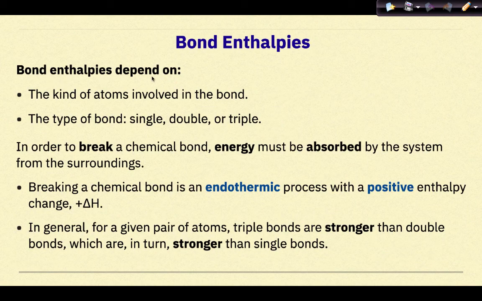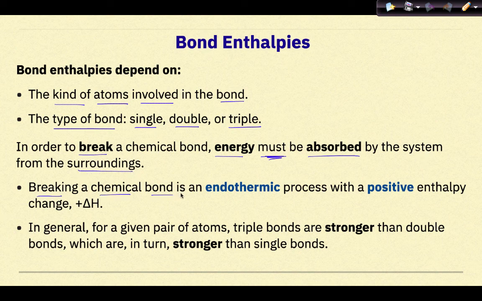Bond enthalpies depend on the kind of atoms involved in the bond and the type of bond. Are you dealing with a single, a double, or a triple bond? In order to break a chemical bond, energy must be absorbed by the system from the surroundings.